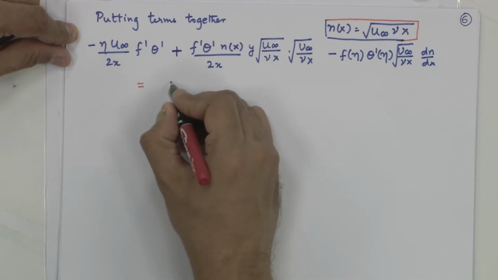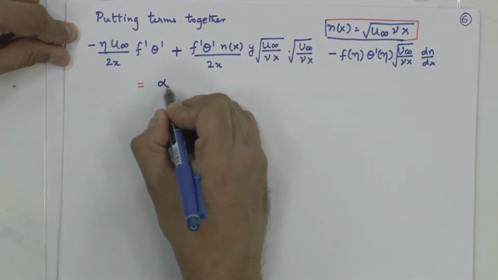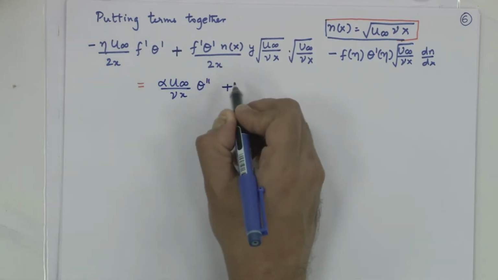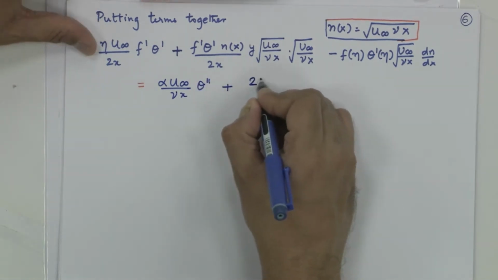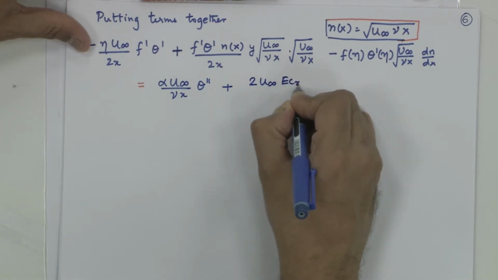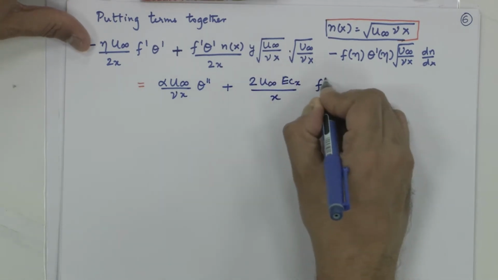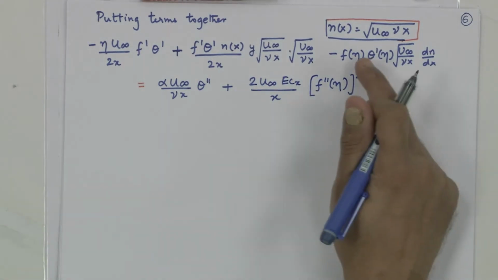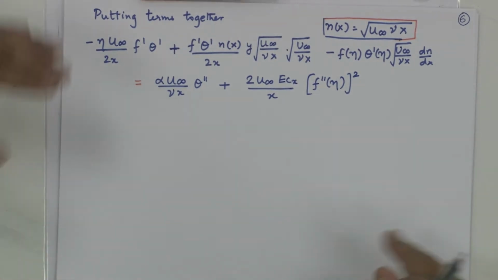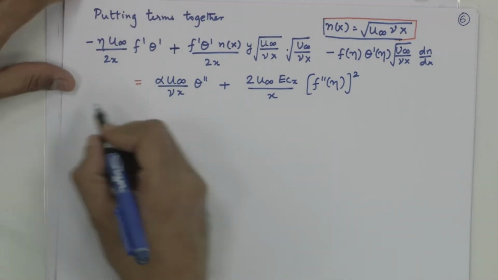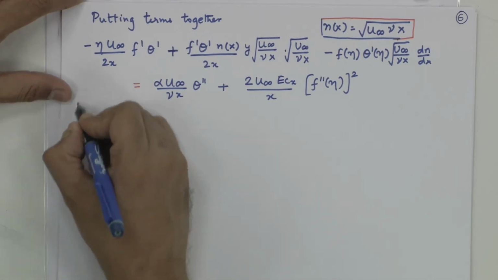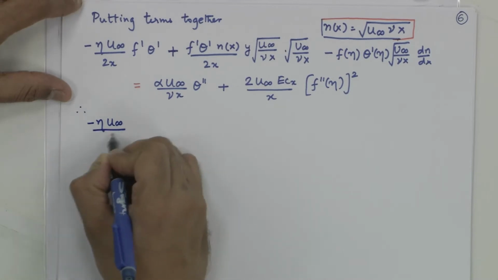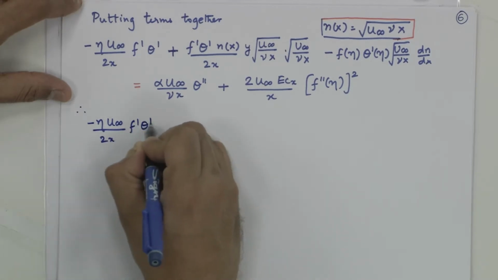Right hand side is nothing but alpha u infinity by nu x θ double prime plus the Eckert number term 2 u infinity local Eckert number over x f double prime of eta the whole square. Sorry, I said I would drop off the etas, but I wrote it in some places just out of habit. But anyway, so now we will simplify this. So, therefore, you get minus eta u infinity by 2x f prime θ prime.